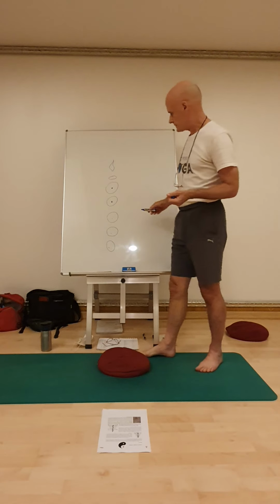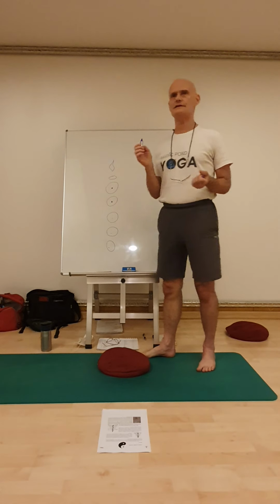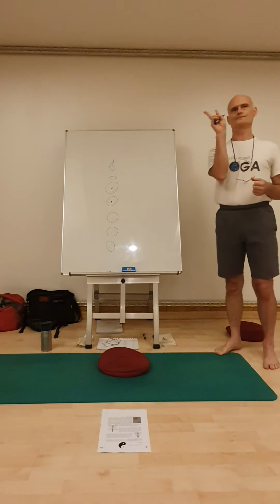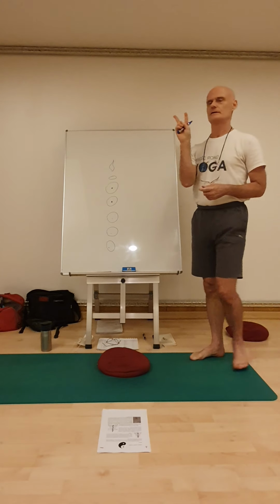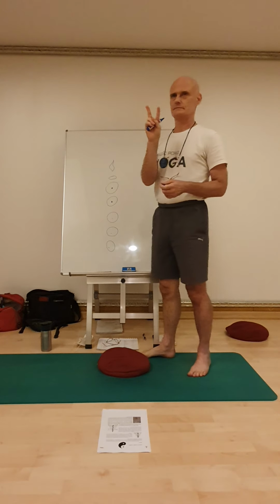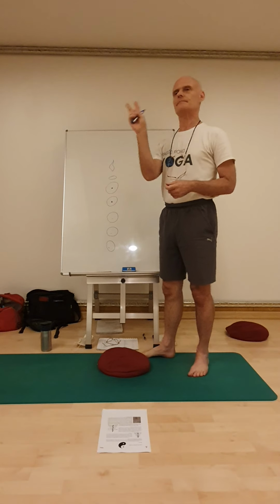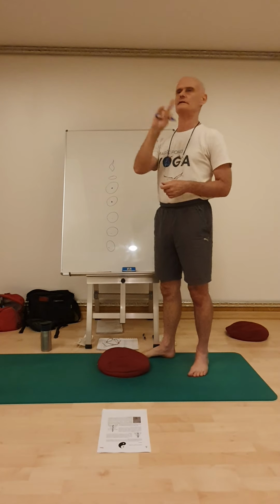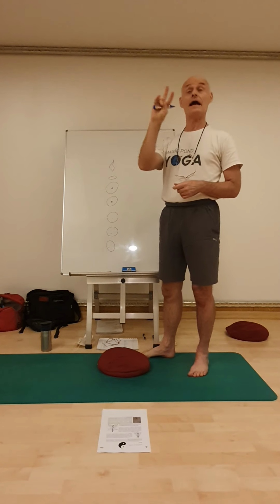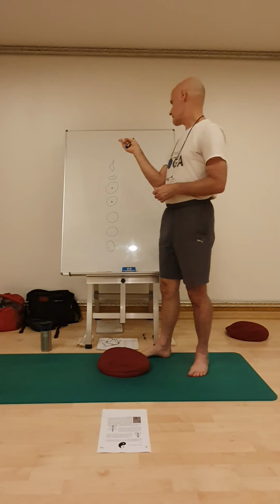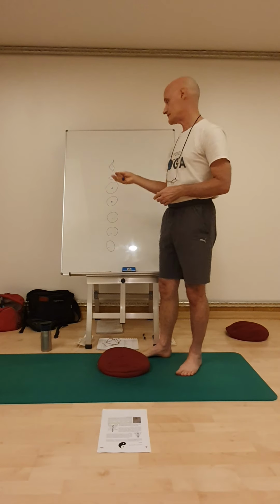Now, energy consists out of two polarities. We call them the plus and the minus, the Shiva and the Shakti, the yin and the yang, Adam and the Eve, the feminine, the masculine.